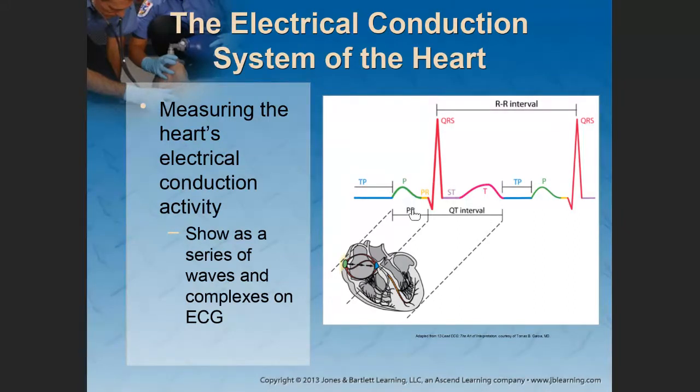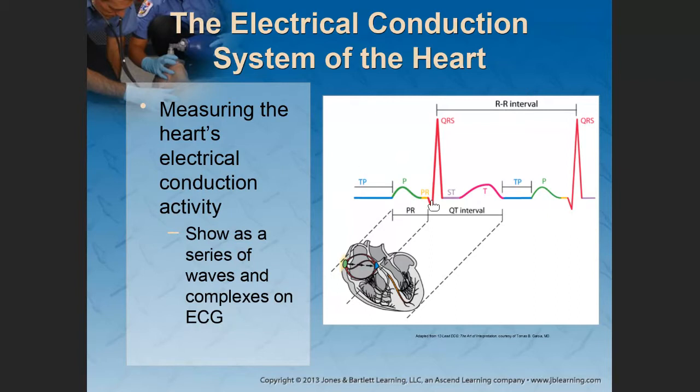Right? So that's one. If the PR interval is greater than 5 small boxes, the patient has a heart block. So something is blocking the impulse if it's greater than 5 small boxes.